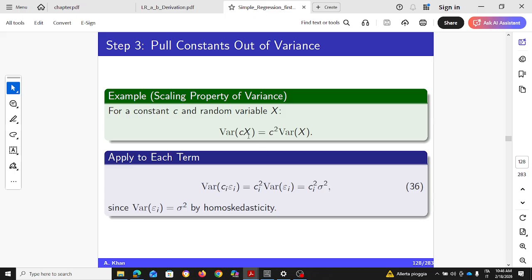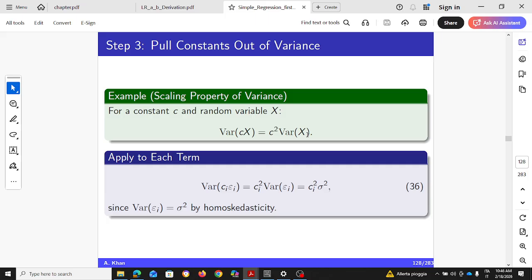And by the scaling property of variance, if you multiply by a constant term, the constant term becomes a square, and we can take it out from the variance and we are left with the variance of x.